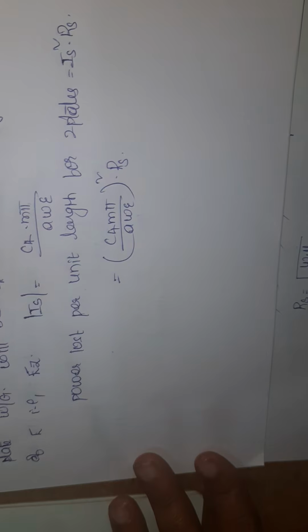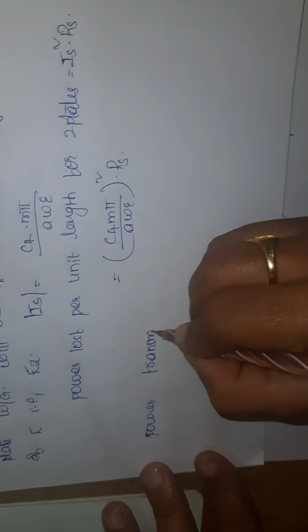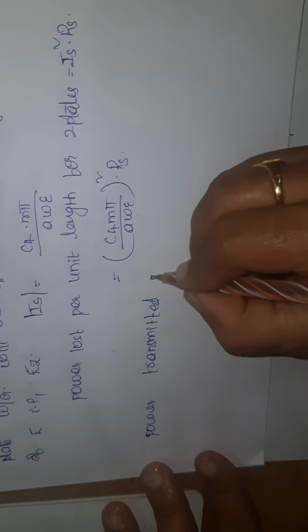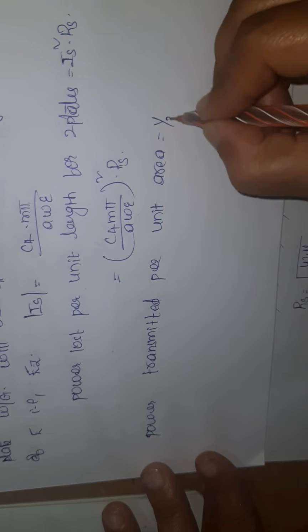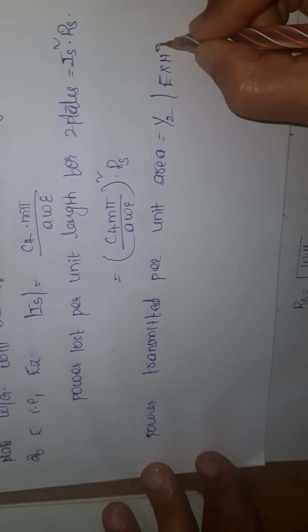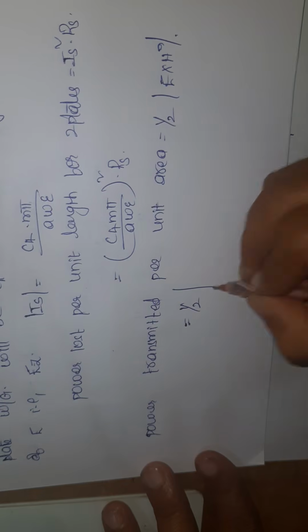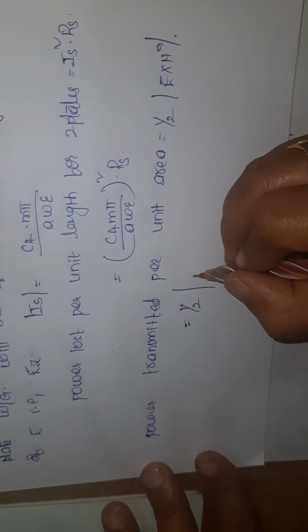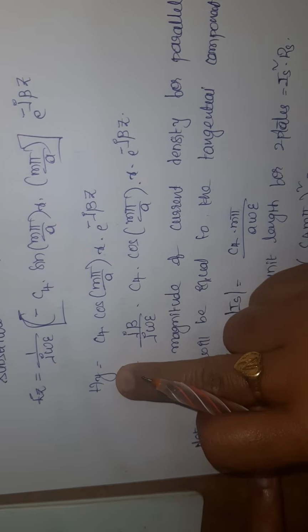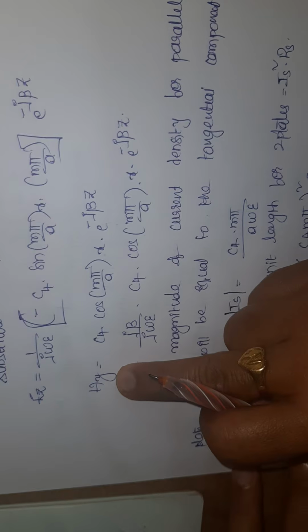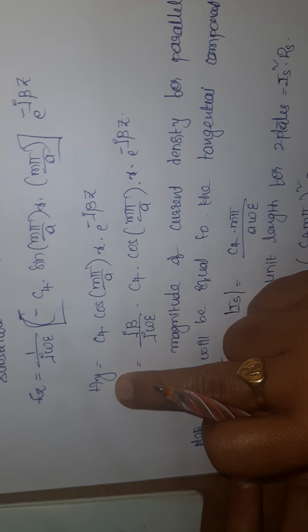Next we have to calculate power transmitted. So power transmitted per unit area is nothing but half modulation of E cross H star. Okay, so here half. So electric field intensity I am having Ex Hy, and no need to put minus symbol because I am having the electric field intensity along x direction, magnetic field intensity along y direction.